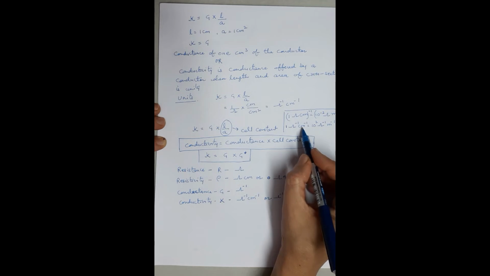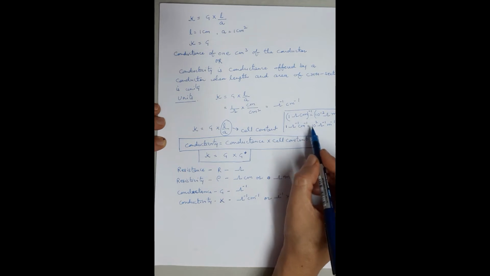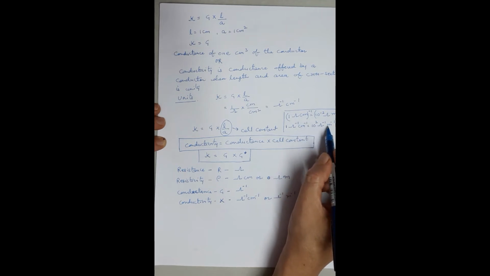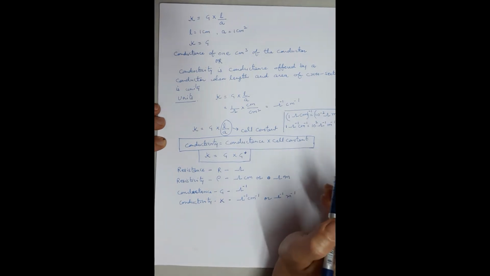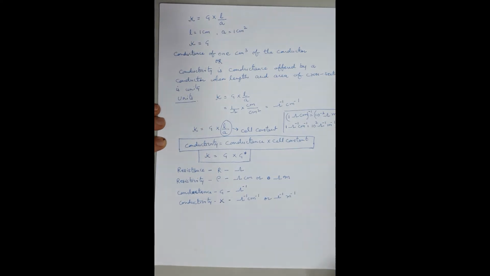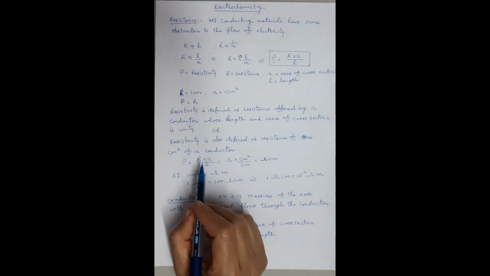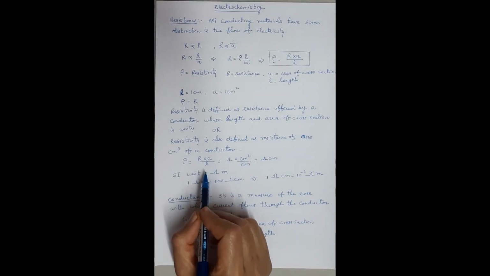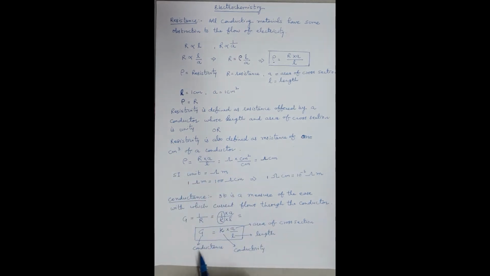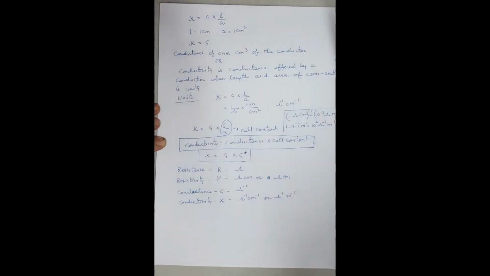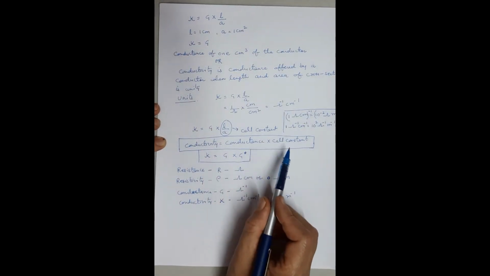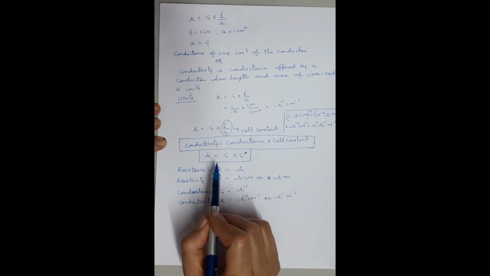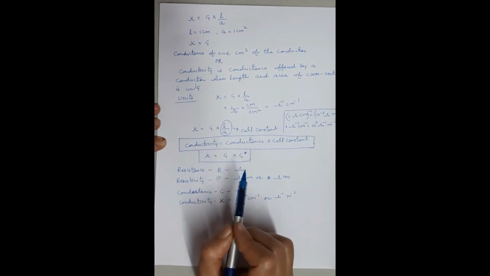So here 1 centimeter inverse is equal to 10 raised to power 2 meter inverse. So you need to learn the formulas. One is rho is equal to R A upon L. Another is conductance is equal to conductivity into A by L, or you may learn that conductivity is equal to conductance into cell constant, which is kappa is equal to G into G star.